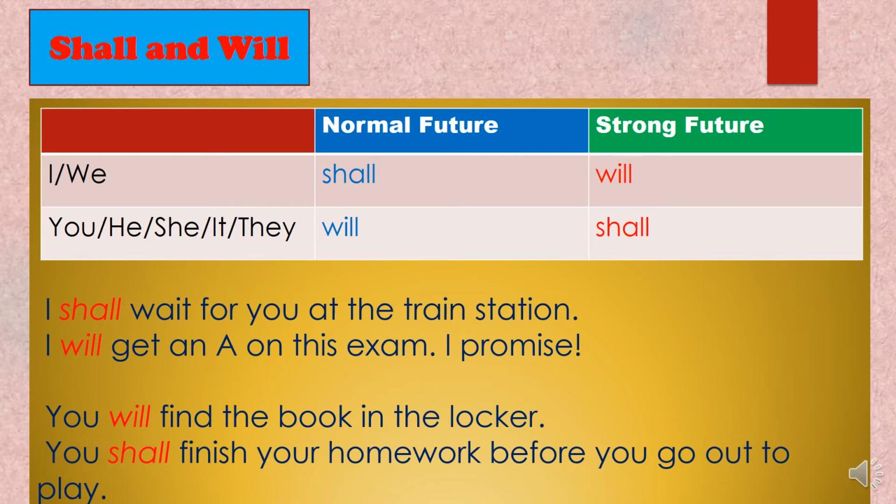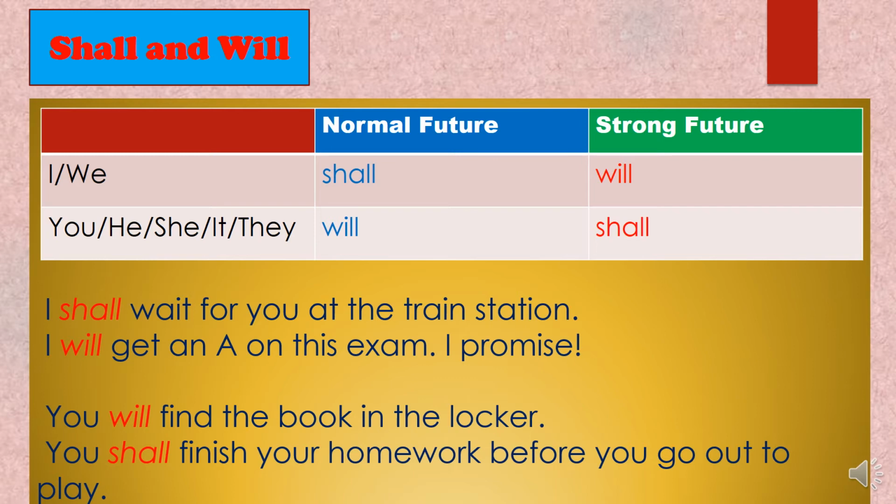So see, in normal future, with I and we, with the first person, we use shall. What is normal future? See, I shall wait for you at the train station.